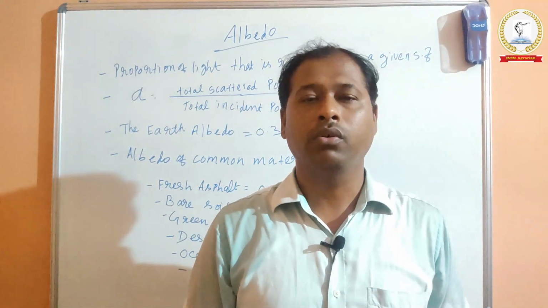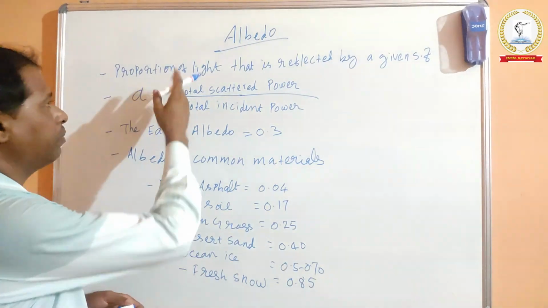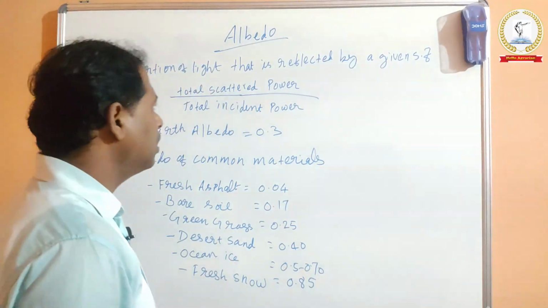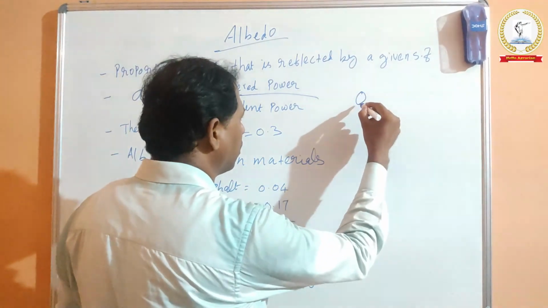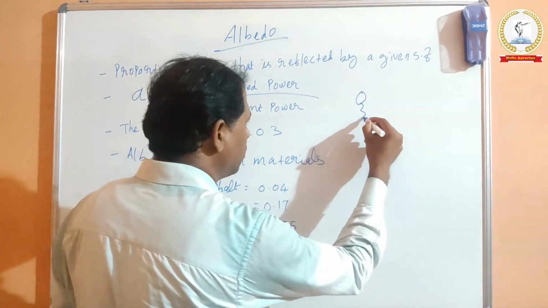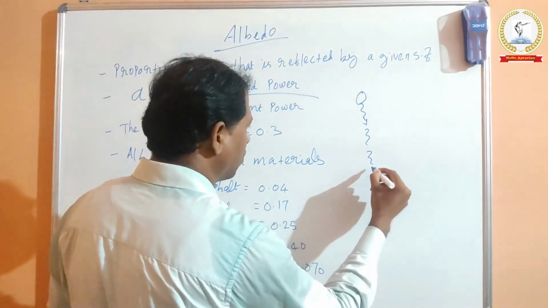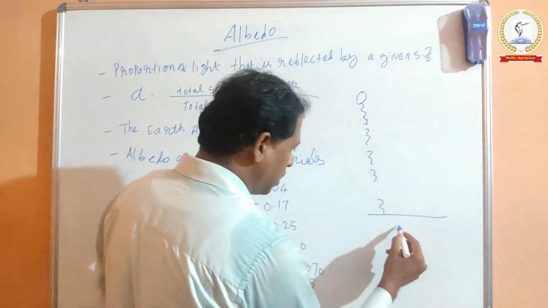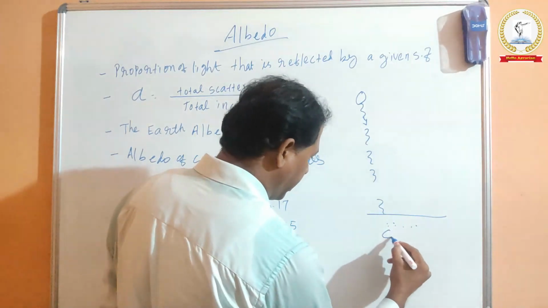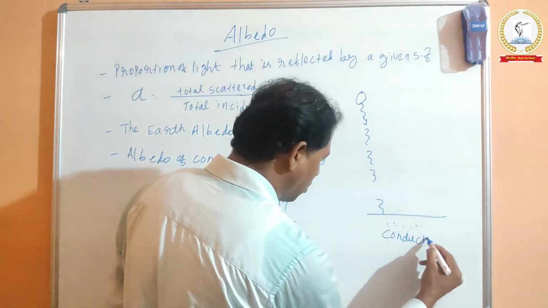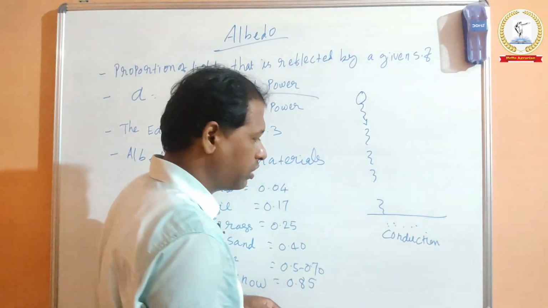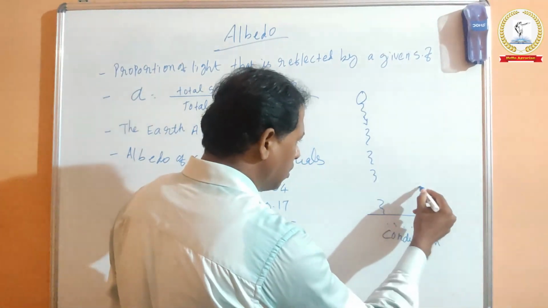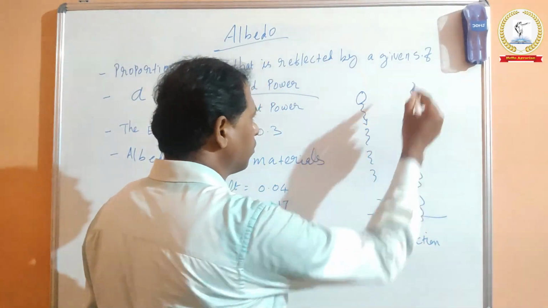Next one is albedo. Albedo means the proportion of light that is reflected by a given surface. As we know, the sun emits short wave radiation. Once it reaches the surface, the soil gets heated up first, that is the conduction process. Once the soil heats up, it emits long wave radiation.